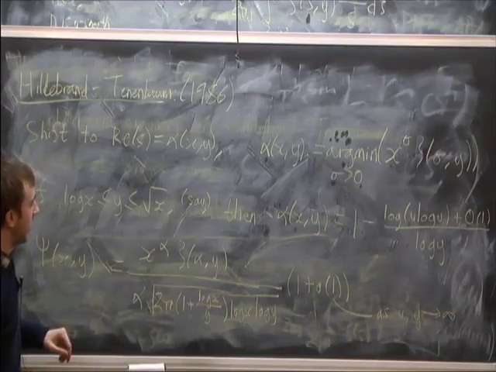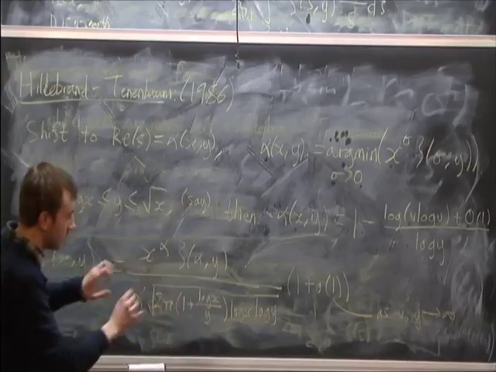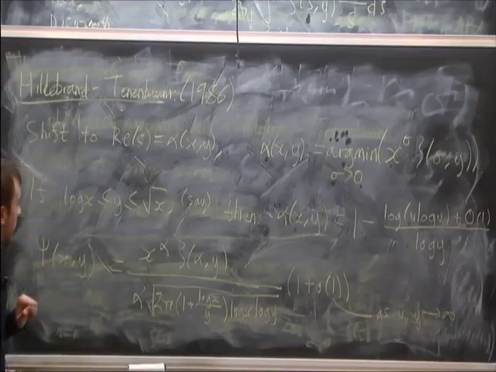And just to give an idea, it turns out that all this other stuff is kind of lower order corrections, and it's just the x to the alpha that's mostly describing what's going on.